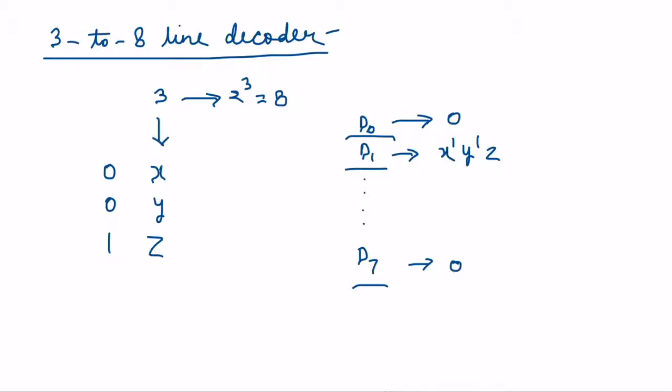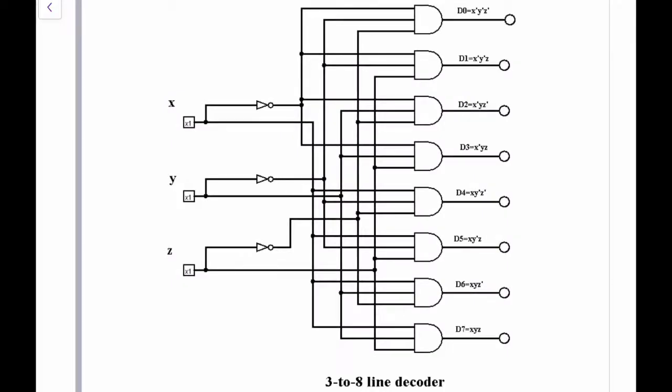So we will see the logic diagram, or the circuit diagram, of the 3 to 8 line decoder now. This is the circuit diagram of the 3 to 8 line decoder. In the input we have a total of 3 input lines corresponding to x, y and z, and the output terms are represented by D0 to D7. The output line corresponding to D0 is 1 when x, y, z are equal to 0, and it is represented by x dash, y dash, z dash.